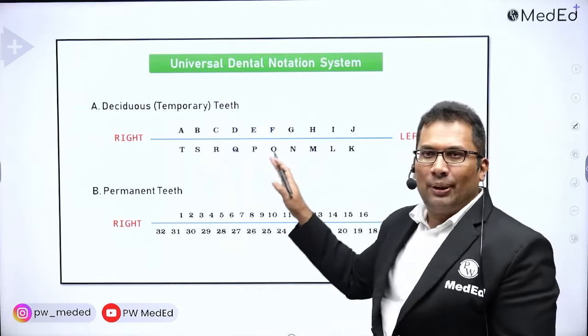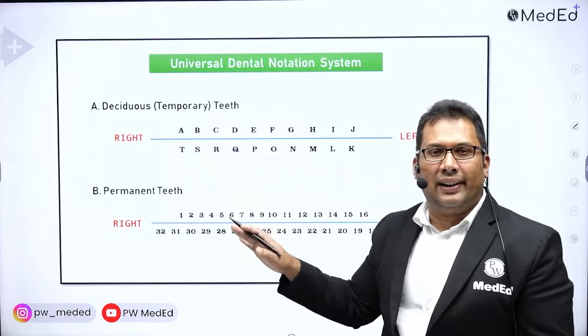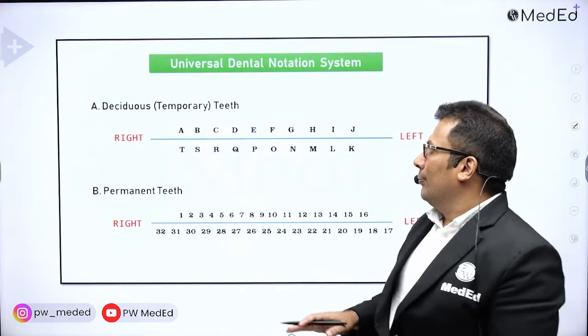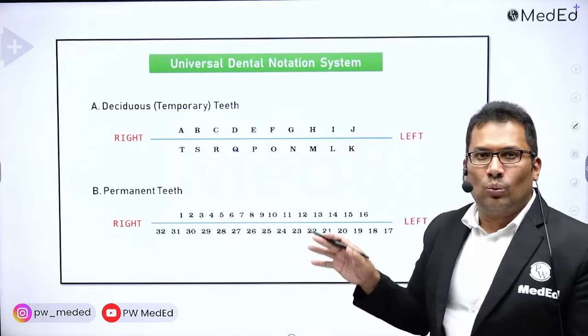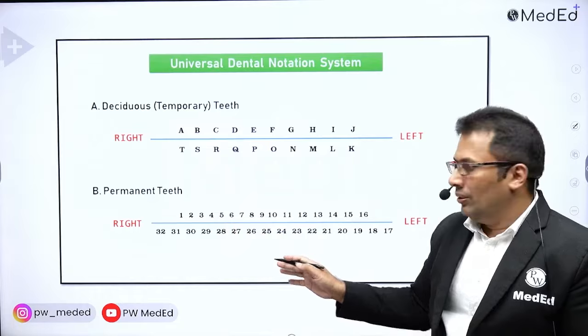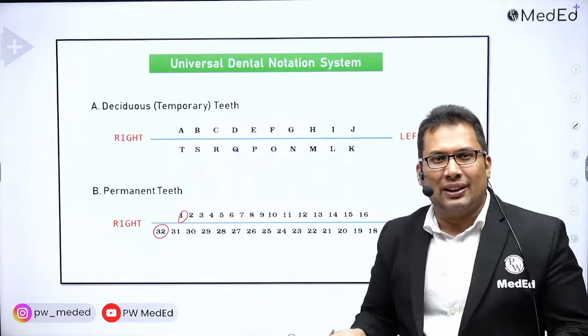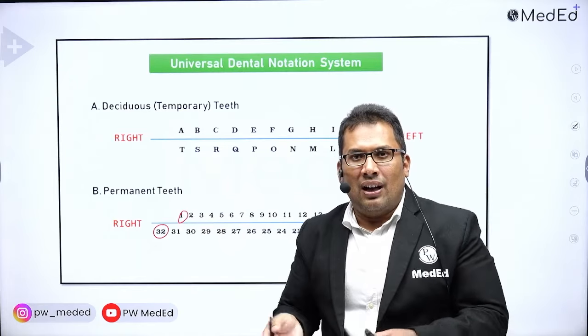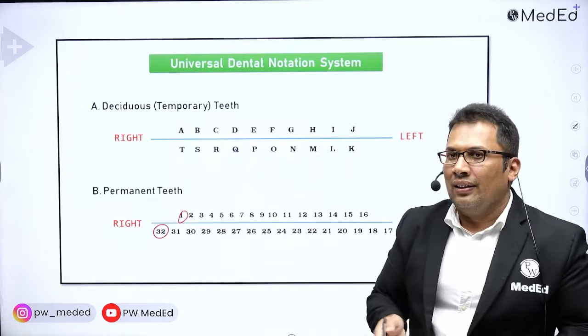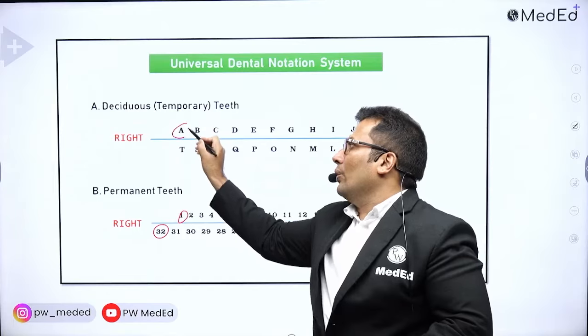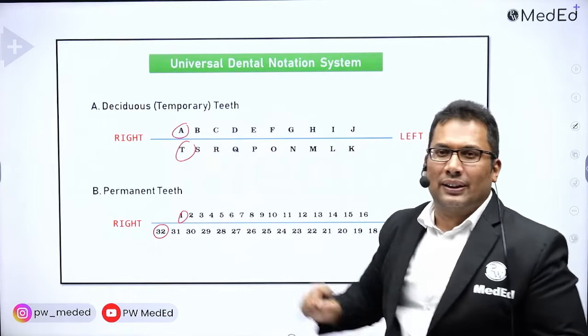Sometimes the question can be asked, what is universal dental notation system? So that is 1 to 32. Universal method is 1 to 32 method. Or else temporary teeth that starts from A to T. A to T method. This is universal method.